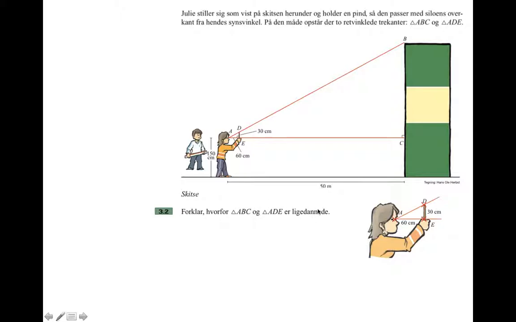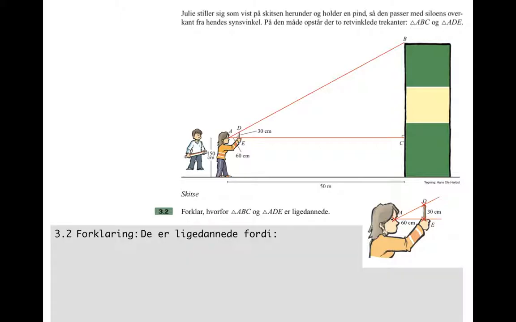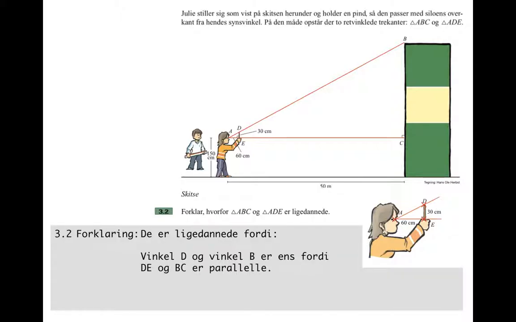So similar means that they've got the same shape, but they're not necessarily the same size. So they are similar because angle D and angle B are the same, because DE and BC are parallel.